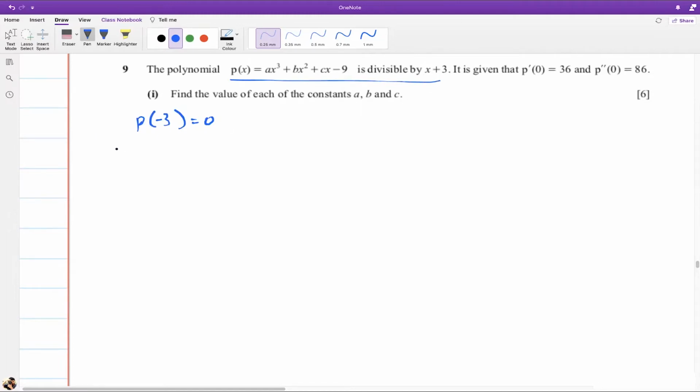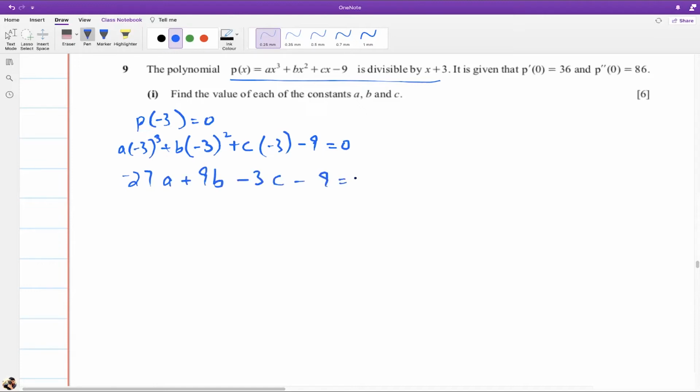So I put that in there. So a into -3 cube plus b into -3 squared plus c into -3 minus 9 is equal to 0. So minus 27a plus 9b minus 3c minus 9 equal to 0. That's my first statement. Second one is p prime of 0 is 36.